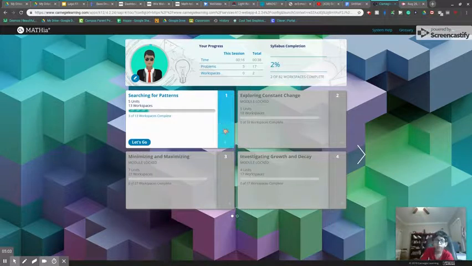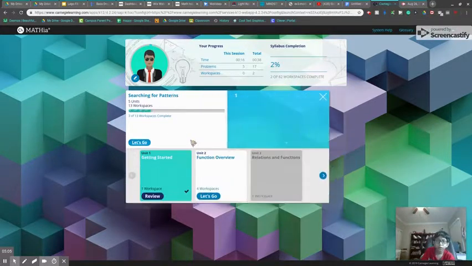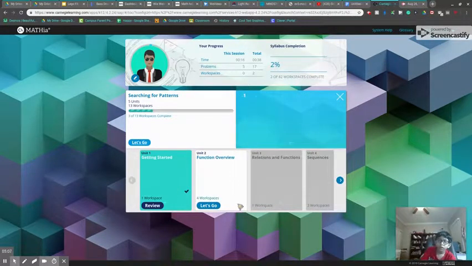Wait a sec. Okay, yeah, I did. So all we have to do, I think, is just do the workspace function families and then page 61 and 62.